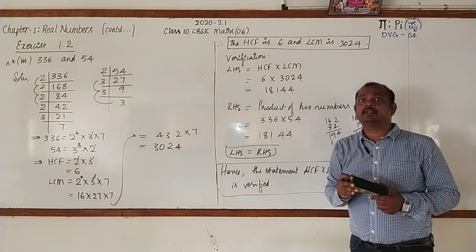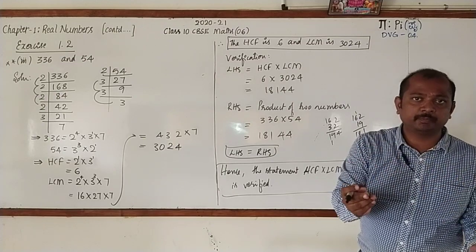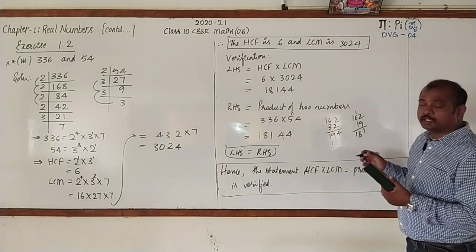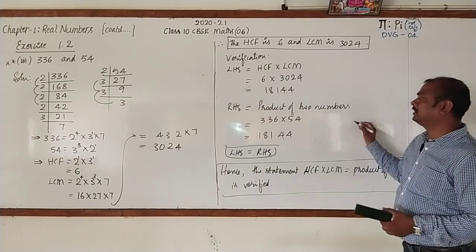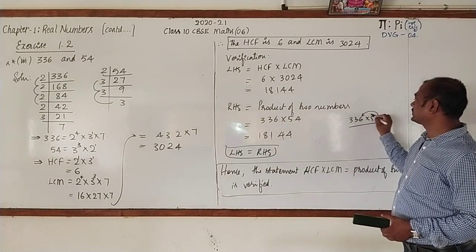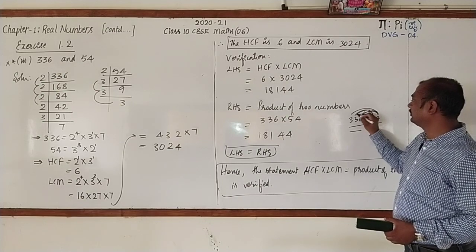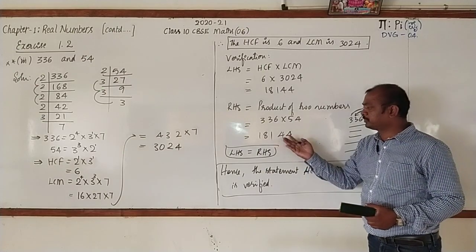Repeat it. I have been telling, if the two digit numbers are there, you find it easier to multiply them. If you do not know, then again I am reminding you, you can use the lower class method, that is 336 into 54, then multiply first from 4 and write it here, then next from 5 and write it here, then finally you can write that product.